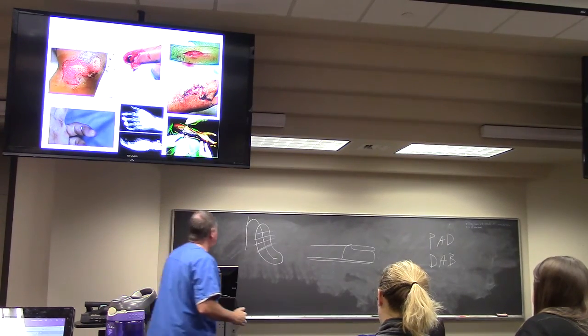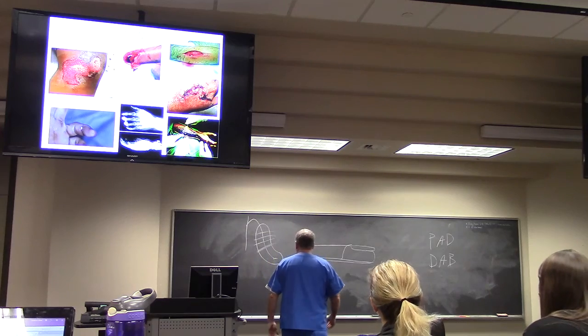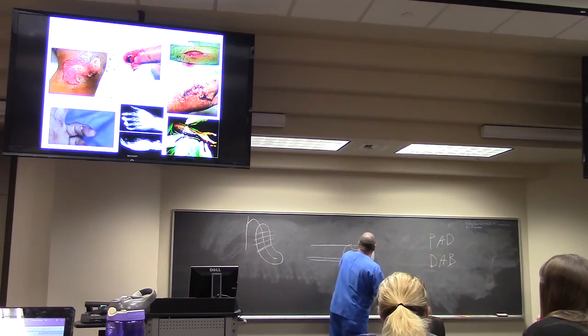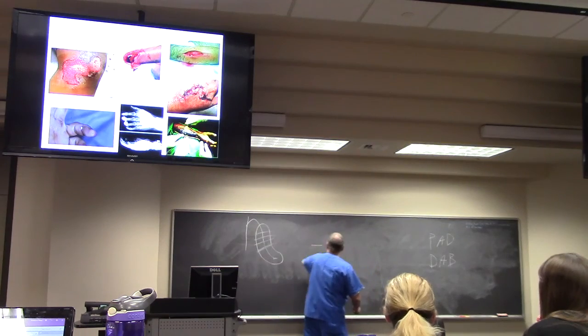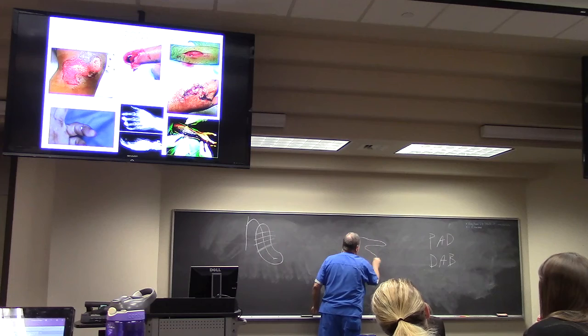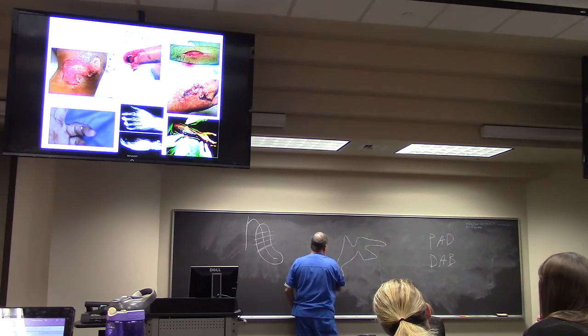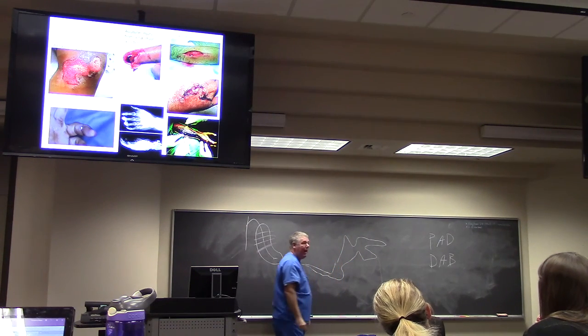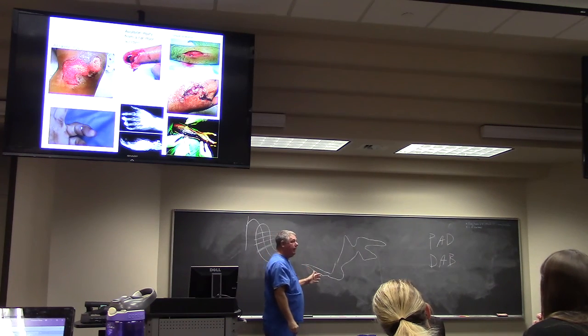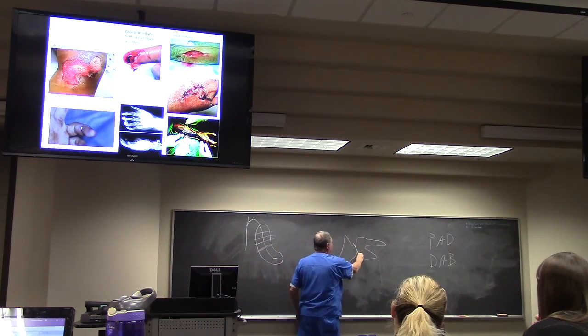In other words, what I mean by that is if you've got some laceration that looks like this, what you want to do is start tacking things together. So tack this side to that side.